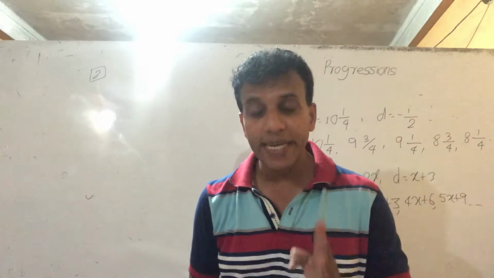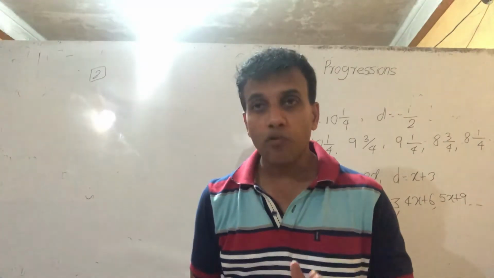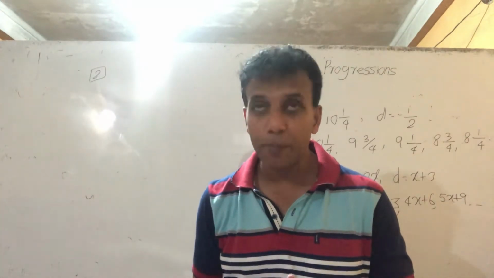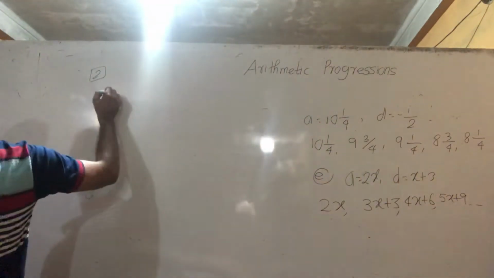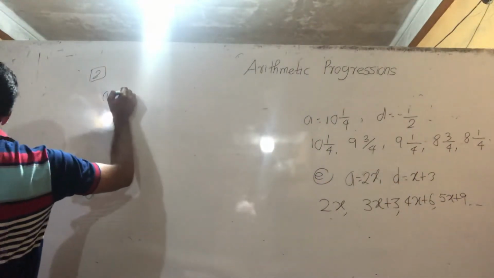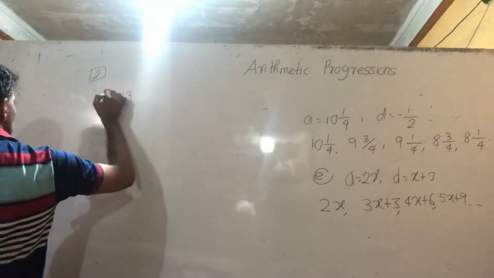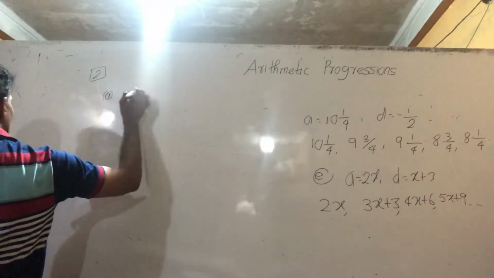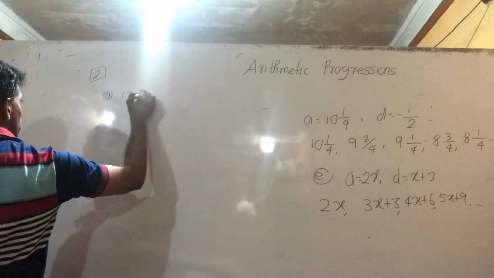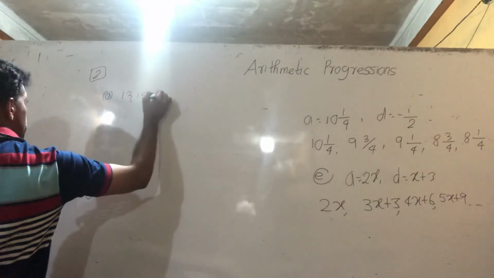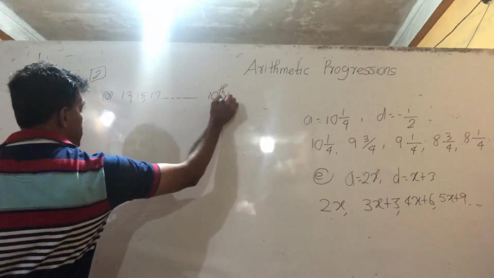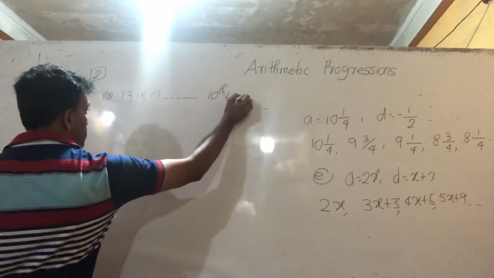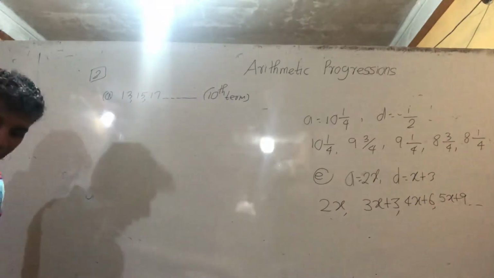Find the indicated term of each of the following APs, arithmetic series. The newcomers who don't have the book can write the question. First question, A part: 13, 15, 17, and they ask to find the 10th term.